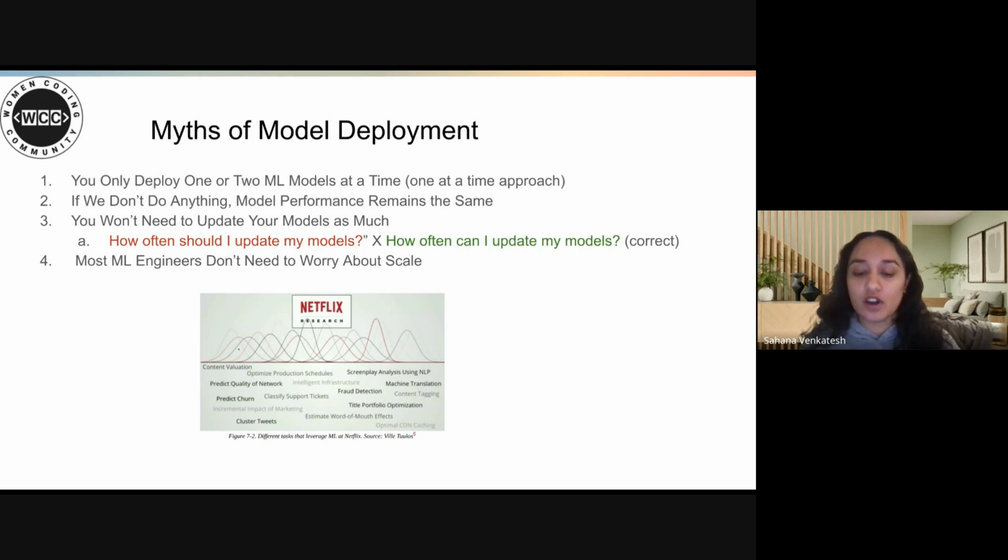Fascinating, right? Now the author tries to debunk some of the myths of model deployment for us. The first myth the author debunks is that you will deploy only one or two models at a time. Going back to Uber's example, all of us know that when we use our Uber app, there are multiple features that are being predicted for us, for example, the driver availability, estimated time of arrival, the dynamic pricing, etc. So clearly there are multiple features being used in the system.